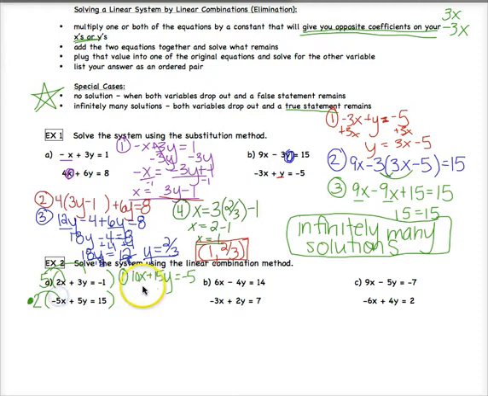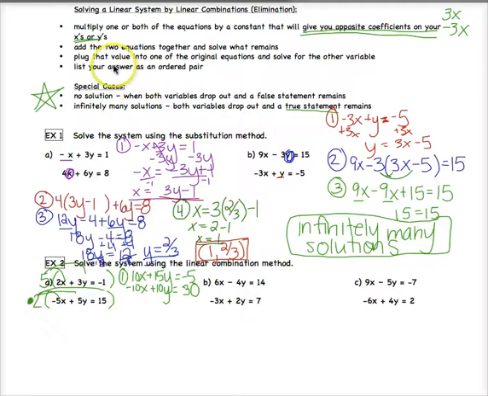On the bottom, 2 times negative 5x is negative 10x. 2 times 5y is 10y. 2 times 15 is 30. My pen's messing up. There we go. So now I have achieved the goal of step 1. I have opposite coefficients, in this case, on my x values. So my step 1 is done.